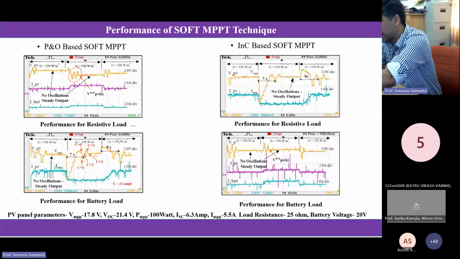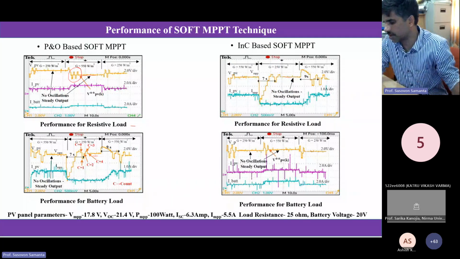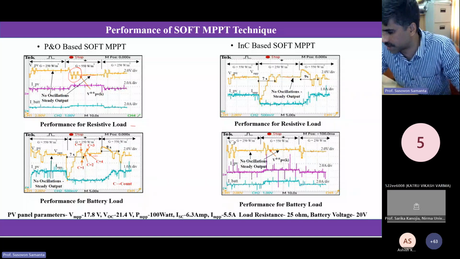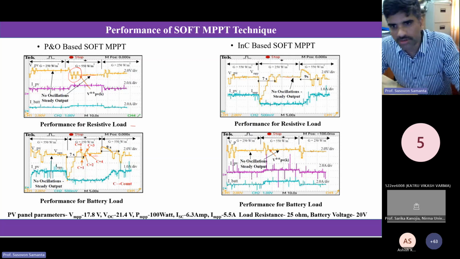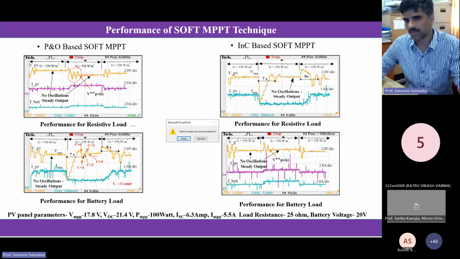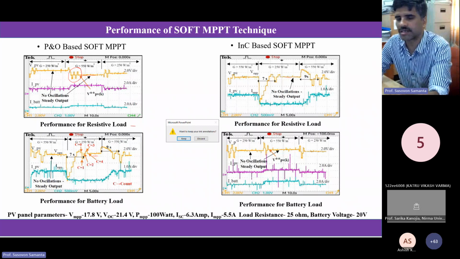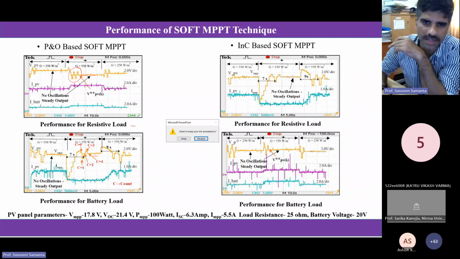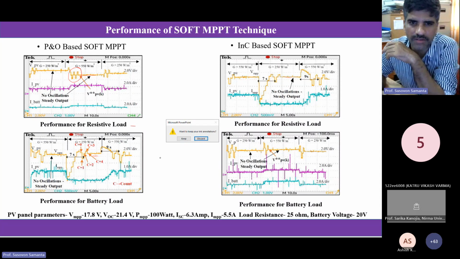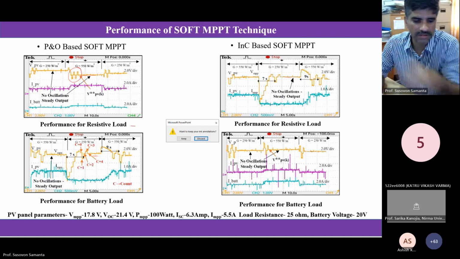I think I can stop now because next session will start from 11. I will share the slides with you because we have done with the voltage sensor. I have multiple slides till now. I don't think I will be able to cover all these slides.